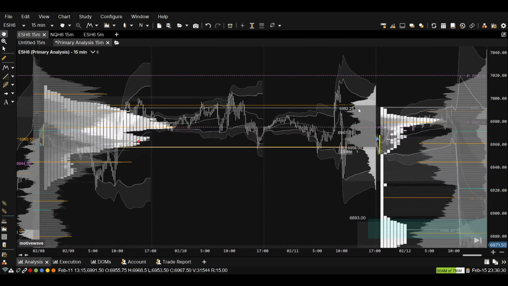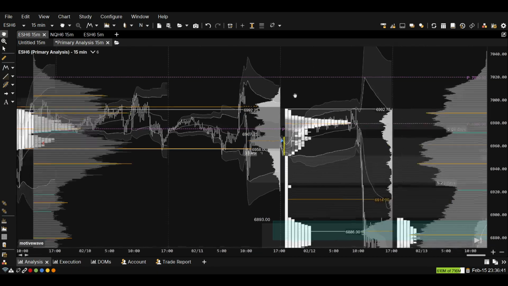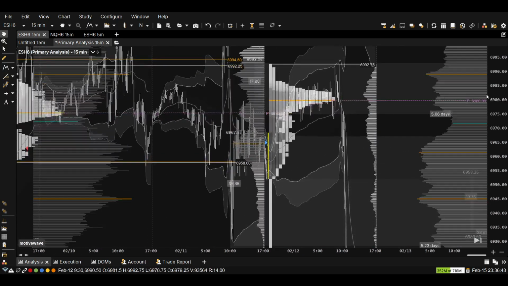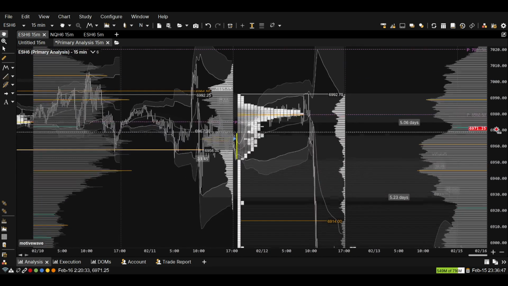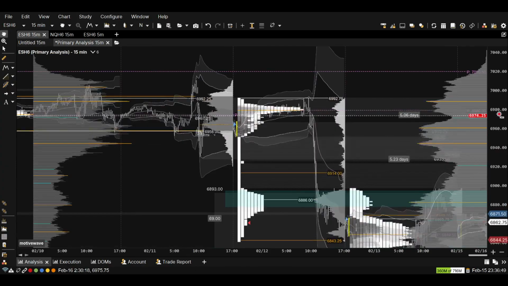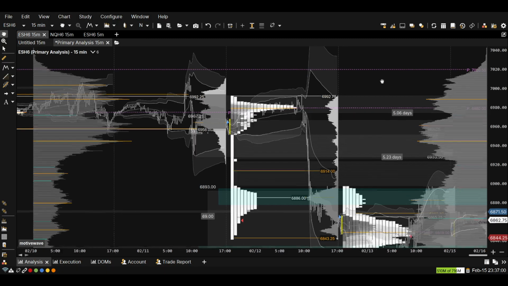The value area high of the composite volume profile of all this range, and the time price opportunity is also in confluence with that. High volume node here at 6,918. This is an important level.